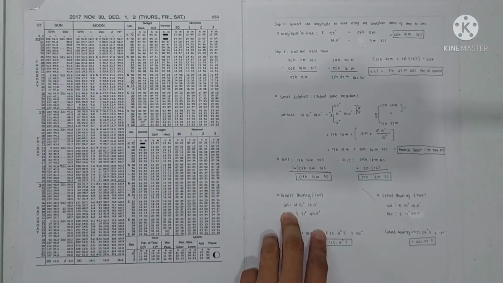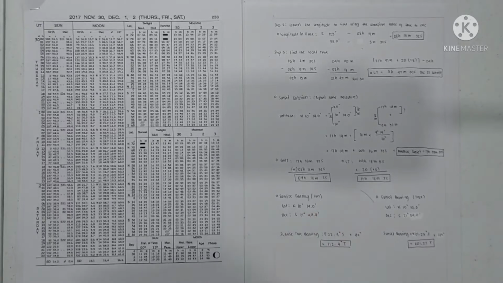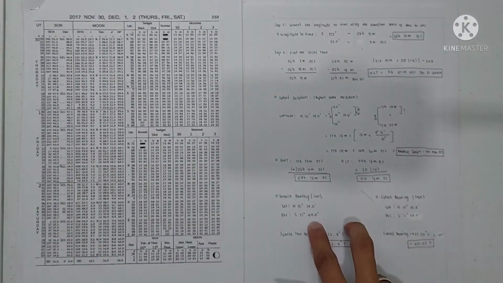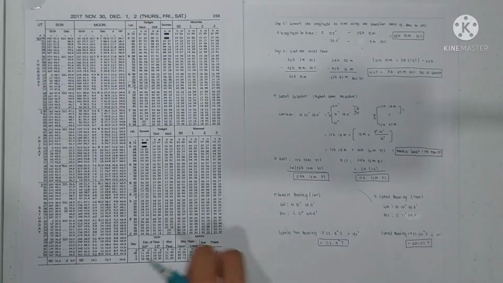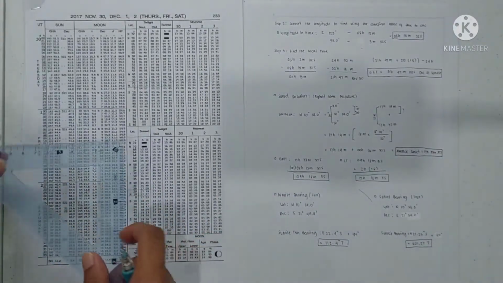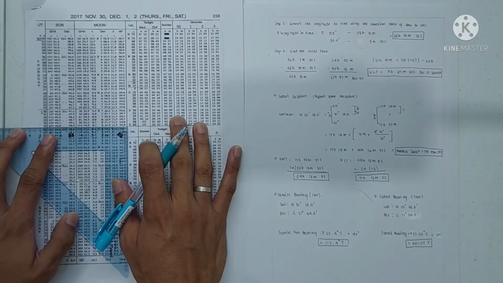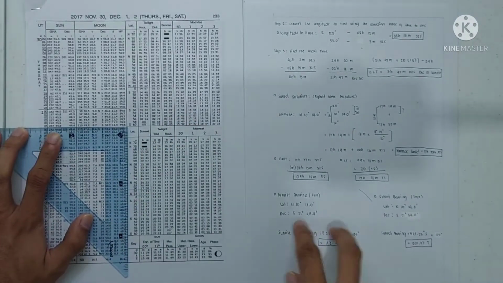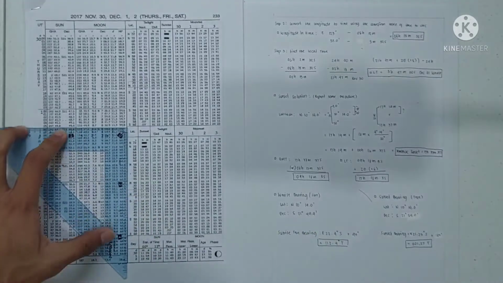So we need the latitude, which is north 10 degrees and 19 minutes. In order for us to find the declination, we need to base it on the time of the sunrise, which is 5 hours. So we will look for 5 hours in December 1. So 5 hours in December 1, we have south 21 degrees and 49.4 minutes.